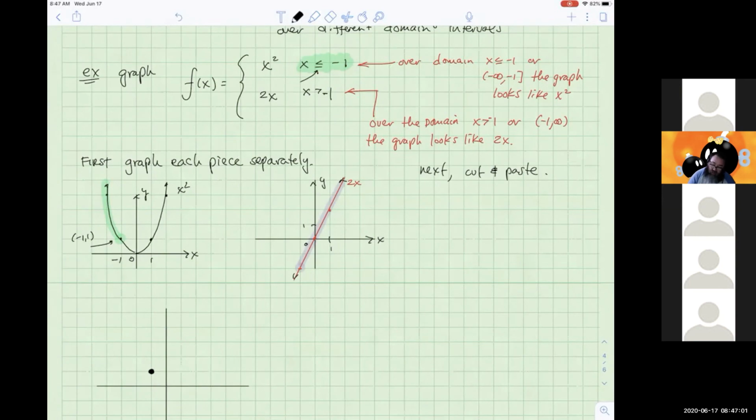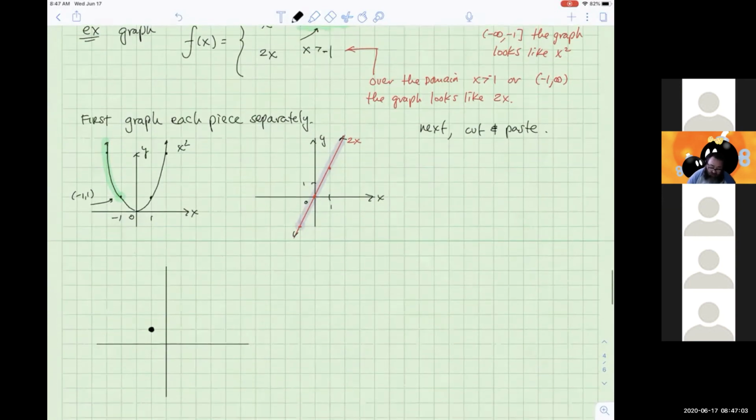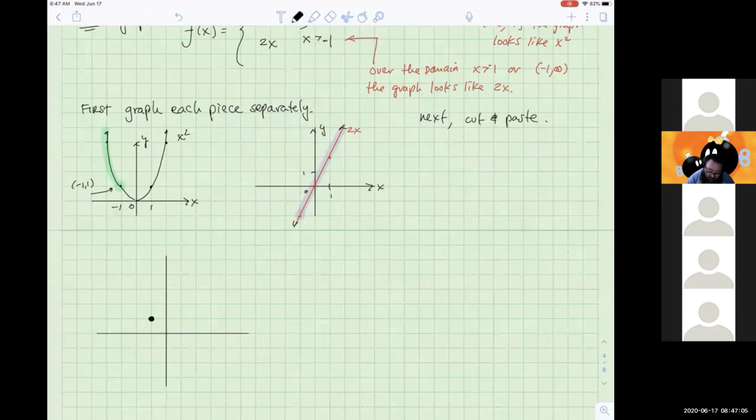And then after that, to the left, it is going to look like the parabola. That's the portion that is x squared for x less than or equal to -1.